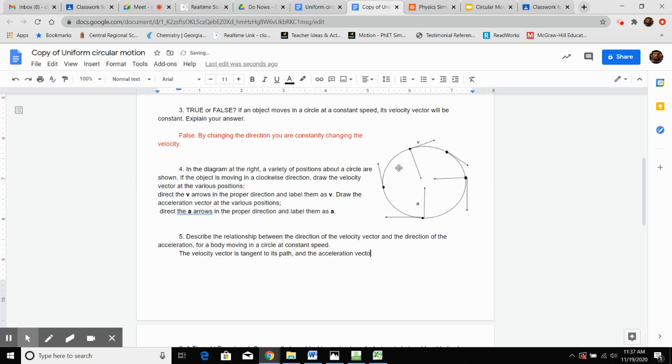And the acceleration vector at any single one of those points is directed towards the center.